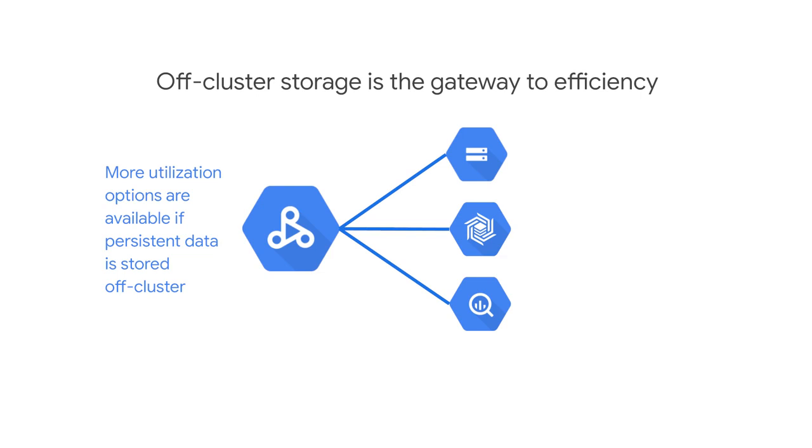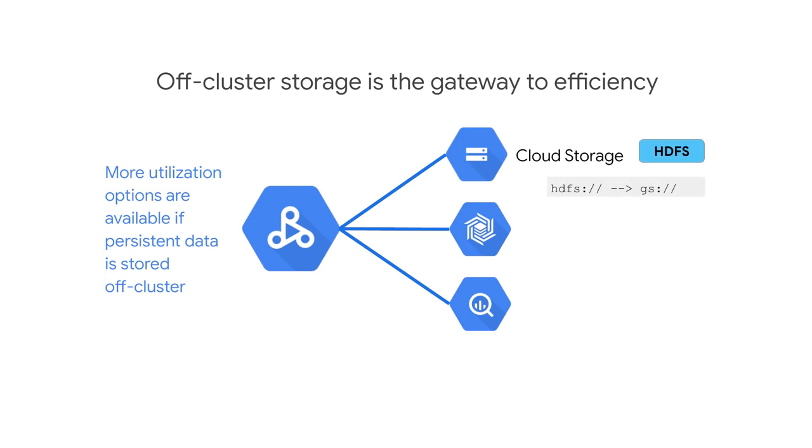But we'll store all actual input and output data on Google Cloud Storage. Because the input and output data is off the cluster, the cluster can be created for a single job or type of workload and can be shut down when not in use.